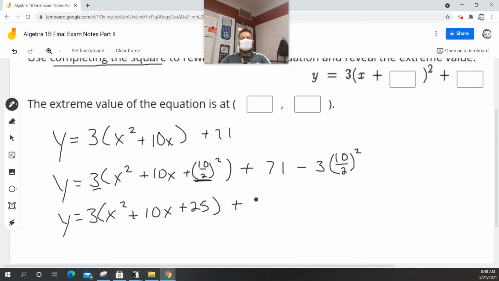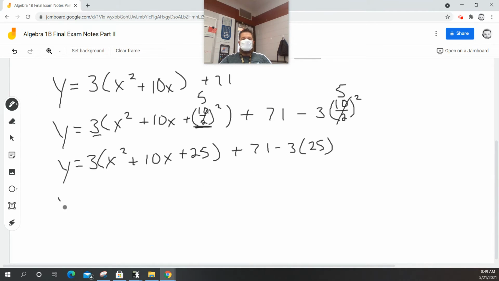And then over here I've got plus 71 minus 3 times 5 squared, which is 25. So 5 squared is 25. What completing the square has done gives me this.